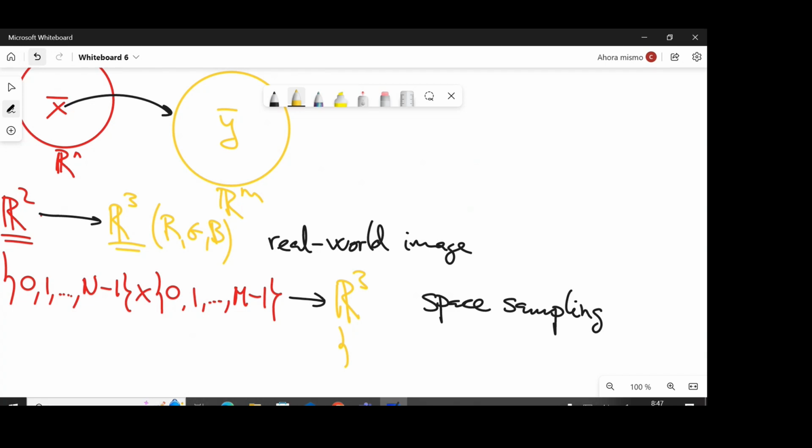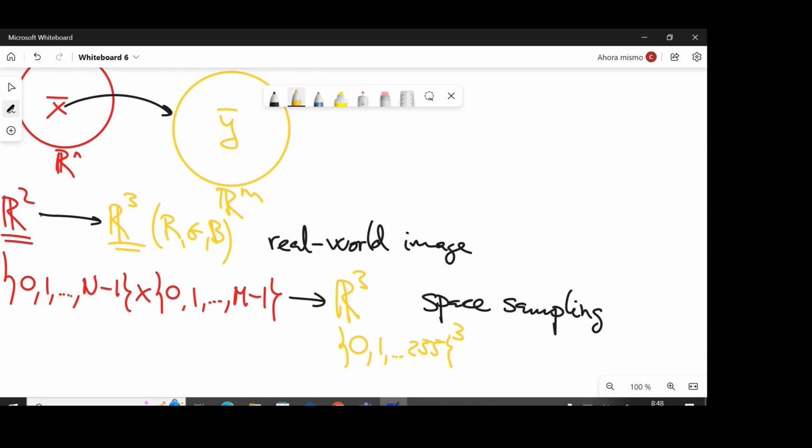I will explain now the difference between these two. So we only allow this one. Each one of the channels, the RGB channels, goes from 0 to 255. So that means that it is this set cubed.